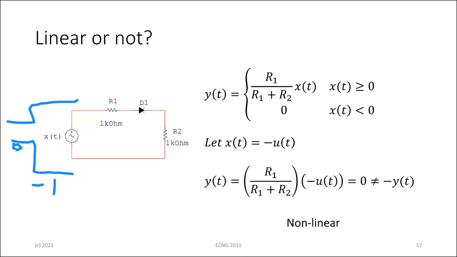Because of the diode, the system doesn't give you a result. If we had removed the diode, you would have simply got minus, the same answer irrespective of the sign. But as it is right now, the diode isn't going to conduct, so what you're going to have is nothing.